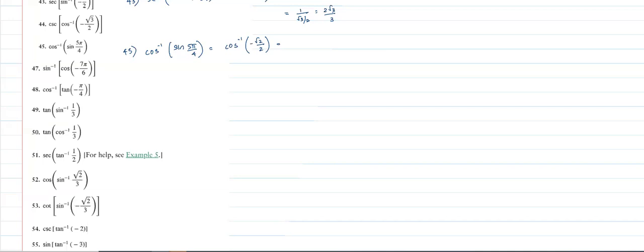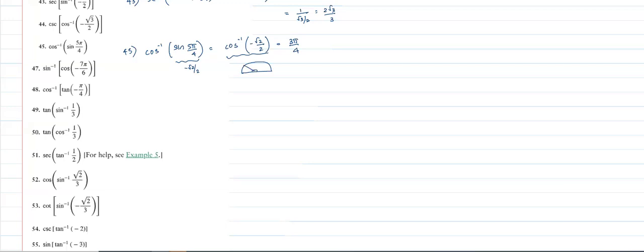So that is going to be 3 pi over 4. Do you understand? The value of this from the unit circle is negative root 2 over 2. But if you're going to take the cosine inverse of that, remember you had to force it to the first and the second quadrant, and cosine is negative in the second quadrant. Therefore, this is your answer.